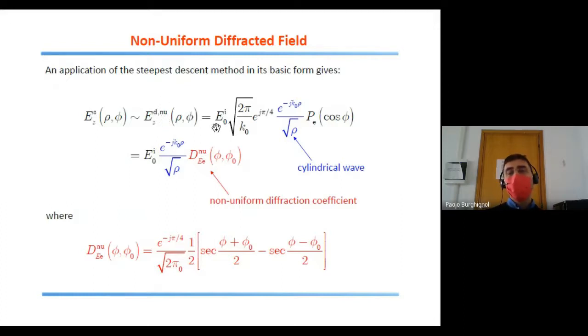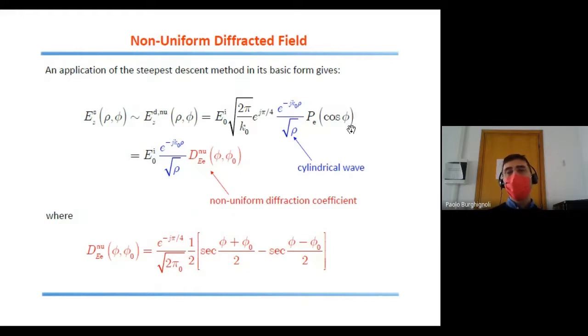The method gives you, and I suggest you perform the calculations, this expression, which contains the dependence on rho, which is explicit, plus a modulating term in the angle. Okay, so this is a diffraction pattern. We could use this terminology.